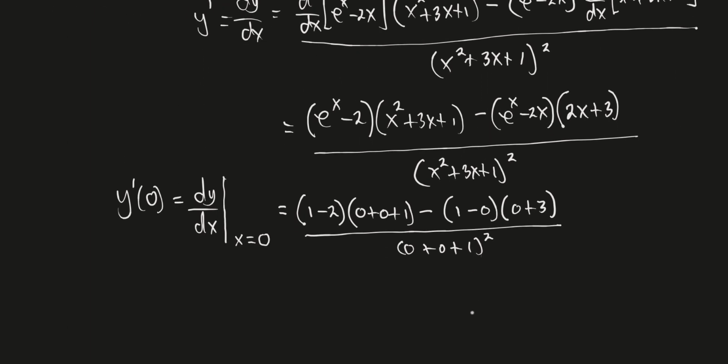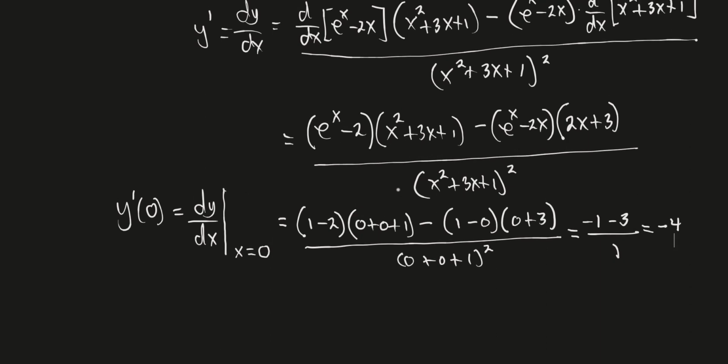So let's carefully simplify this. We end up with negative 1 times 1, so we have a negative 1 there, and then minus 3, because this is 1 times 3, and then all over 1 squared, which is 1, so our slope comes out to be negative 4, right? So the slope of our original function is negative 4.